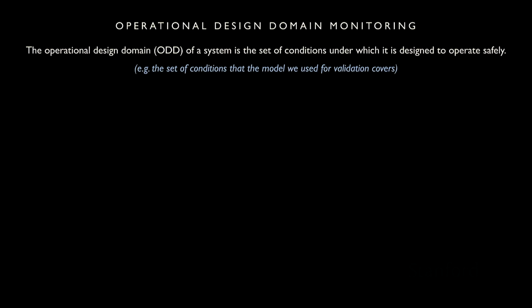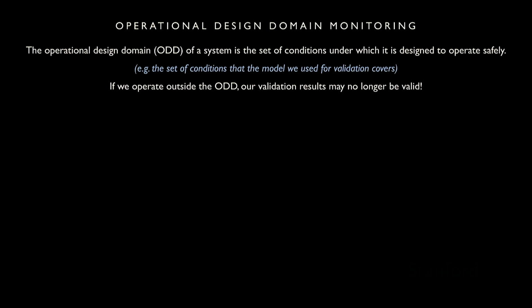So we created some model, we validated against it, and that model models some set of conditions. If we then operate outside the ODD, then we are outside of the conditions that the model we used for validation covers, and so our validation results may no longer be valid.